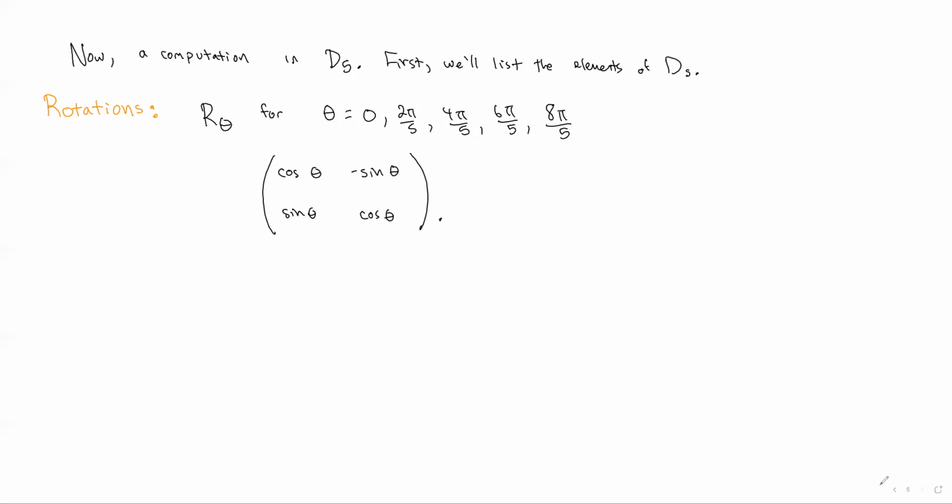There are also the reflections, and this is really where I actually need to specify my notation. So I'll label my vertices of D5 first. So this is how I'll label them.